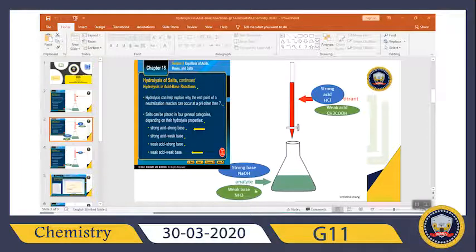By the same way, for the reaction between weak base NH3, NH3 solution, NH3 present with water. So the solution contains NH4OH. So aqueous solution of ammonia means NH4OH. This will react with weak acid, which is CH3COOH. So the anion of this acid, like HCl, the anion is CH3COO, which will carry negative charge.